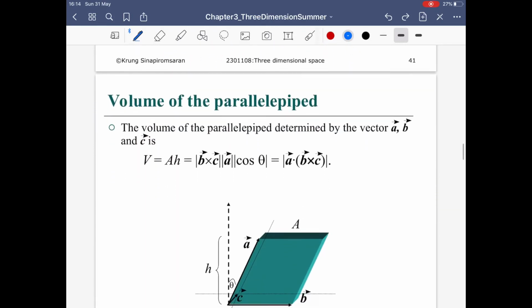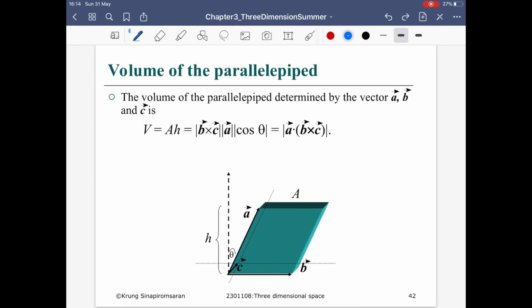Next is one of the most important applications of the cross product as well as the dot product. This one is the volume of the so-called parallelepiped. It is a three-dimensional object determined by 3 vectors a, b, and c, and then just extended as a parallel of each side, and it becomes a three-dimensional object like this.